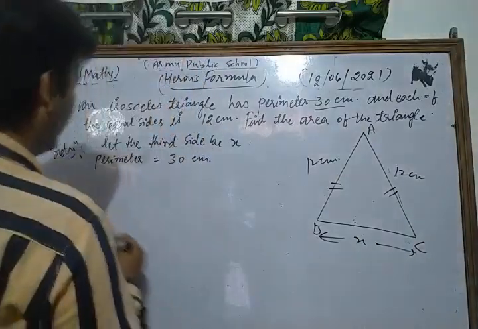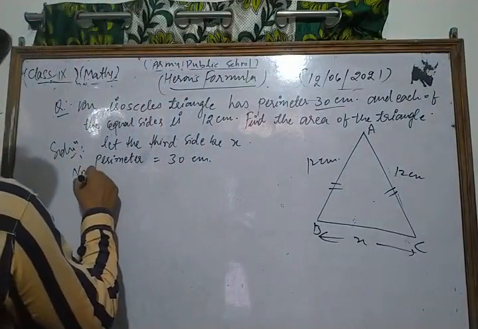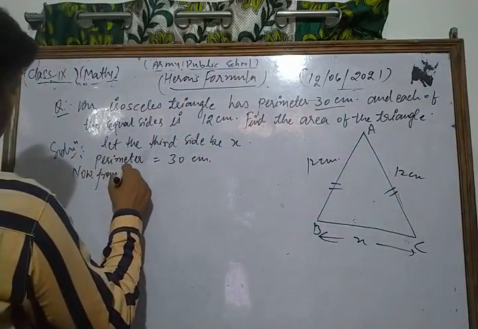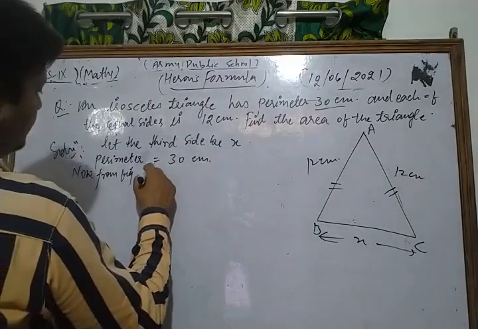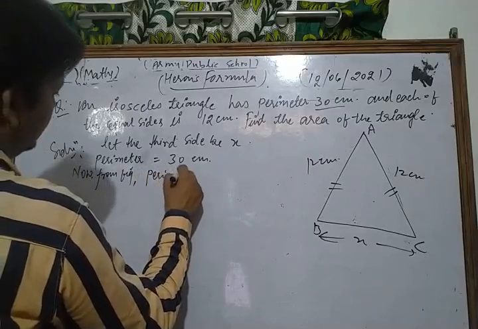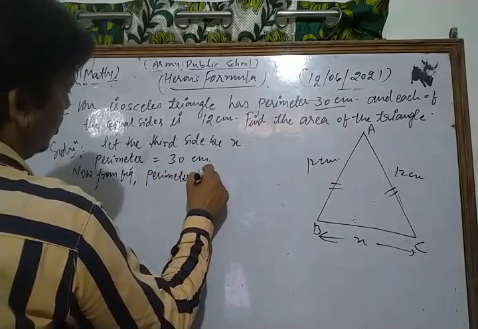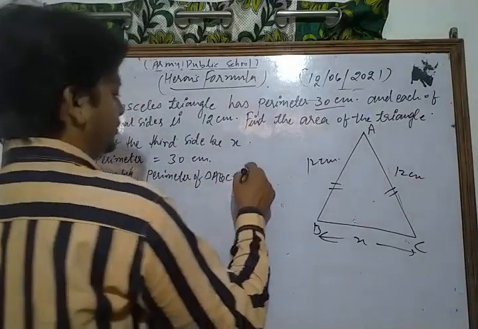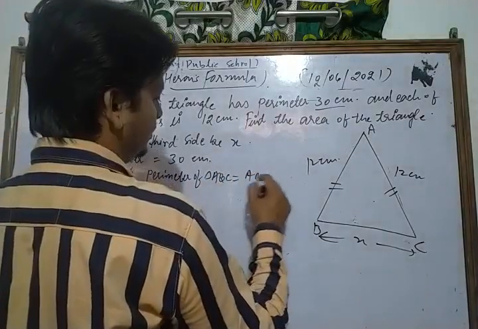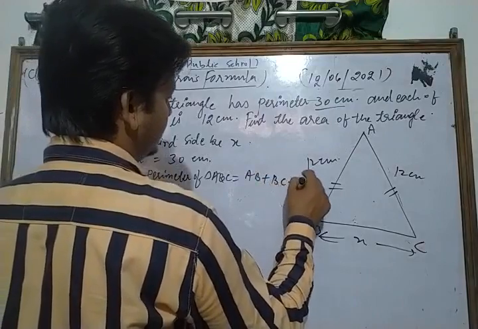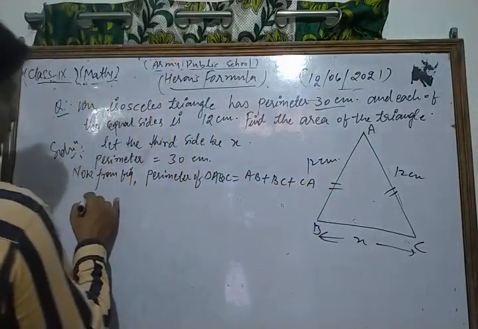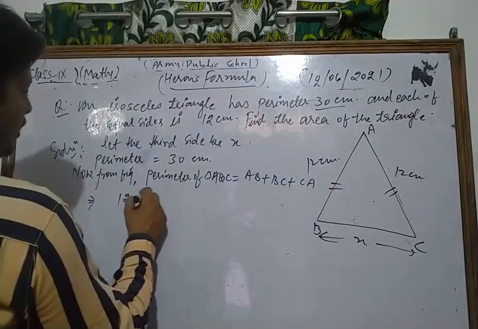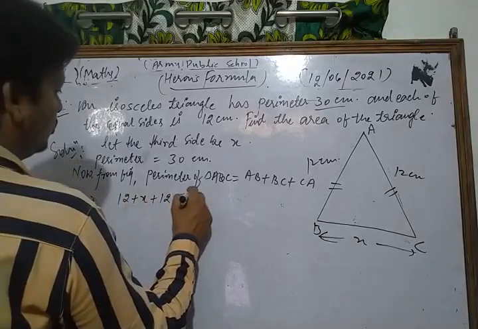Now from the figure, the perimeter of triangle ABC is equal to AB plus BC plus CA. That is, 12 plus x plus 12 is equal to 30.